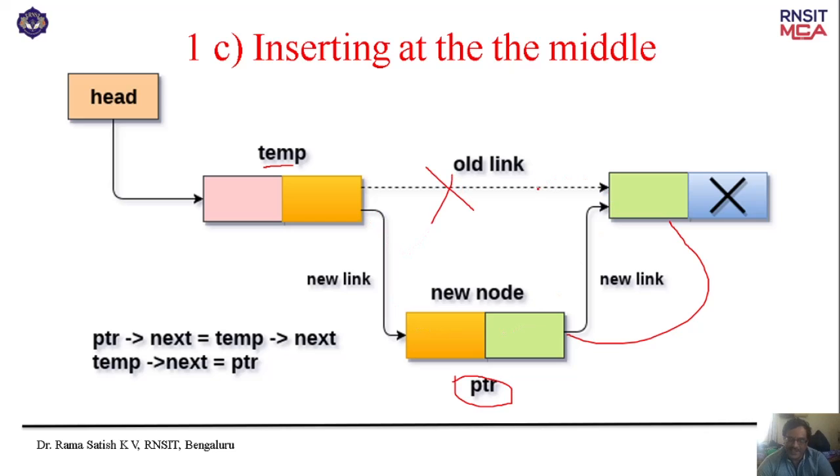Before disconnecting the old link, the new node's next link is linked to temp's next link. So they are connected, and after that temp of next is equal to the new node, and later you can remove the old link. By doing so, you can insert a new node in between the first node and the second node.